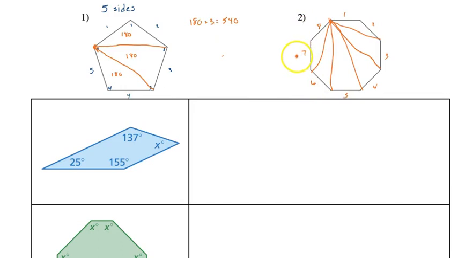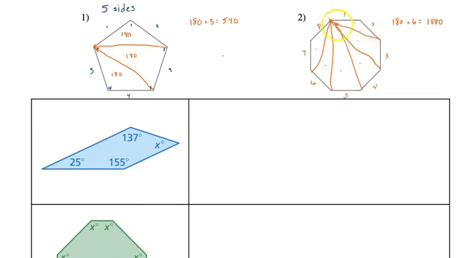Well, obviously these aren't very straight lines, but you can get the idea. 1 triangle, 2 triangles, 3 triangles, 4 triangles, 5 triangles, 6 triangles. So 180 times 6. Well, 180 times 6 is 1080.